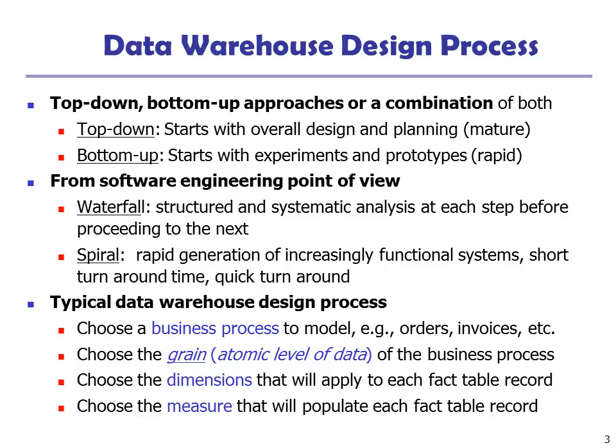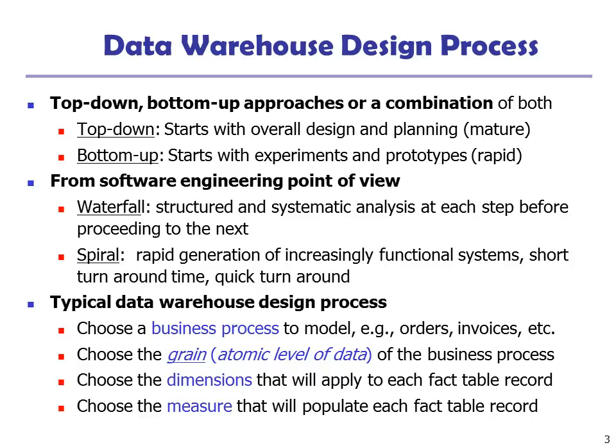So the waterfall model is, once again, more structured and a systematic analysis at every step, all right, before you go to the next step. So you have to have everything in one step, where the design is already done and approved before you even proceed to the next step. All right. So that's your waterfall model.